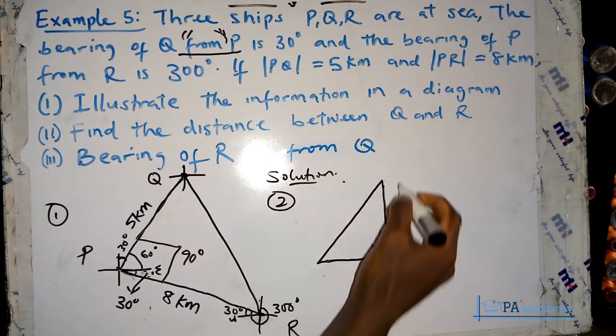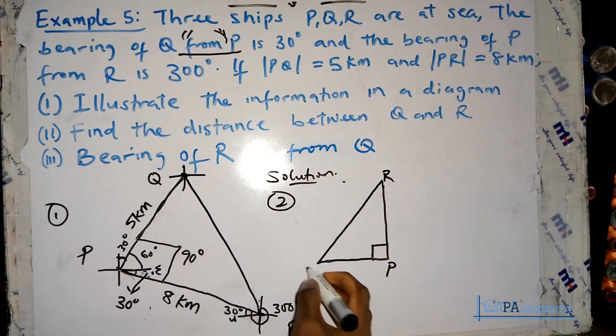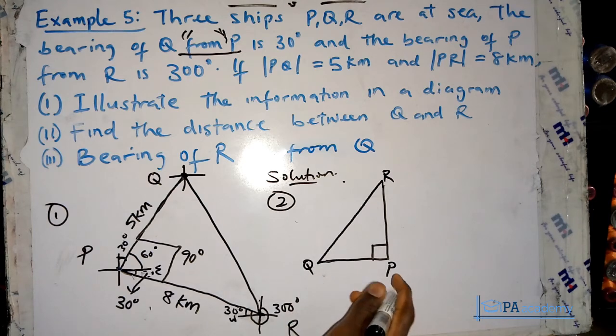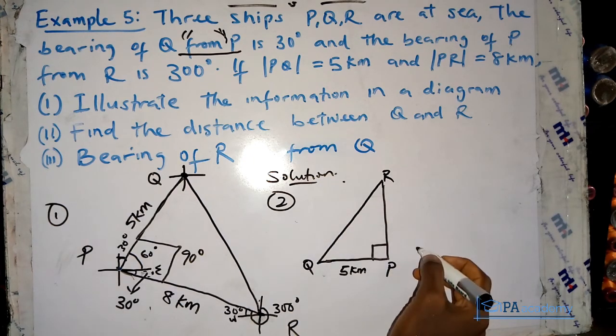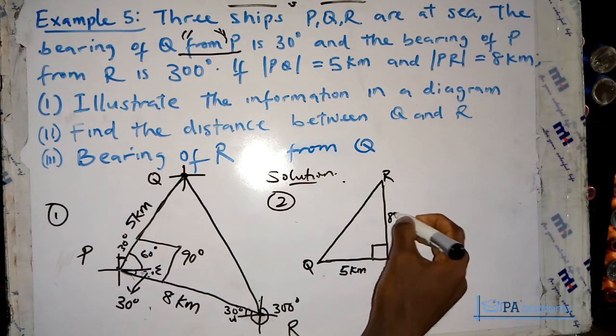This will be P, this will be R and this will be Q. So this will be 5 kilometer, then P to R will be 8 kilometer.